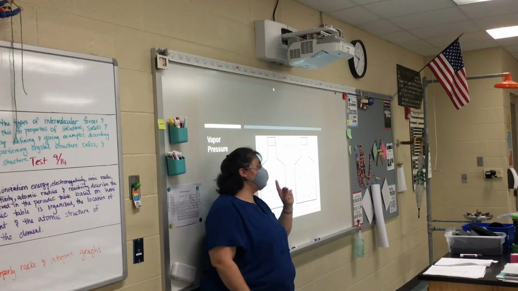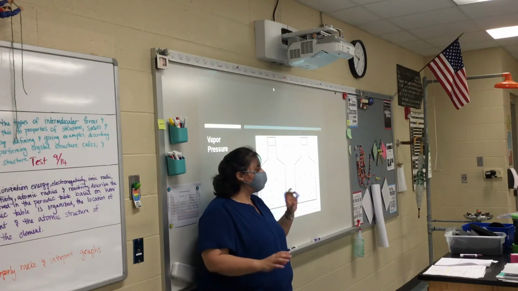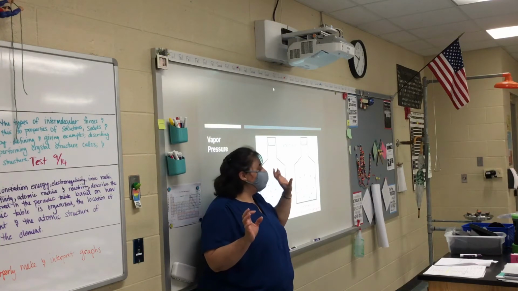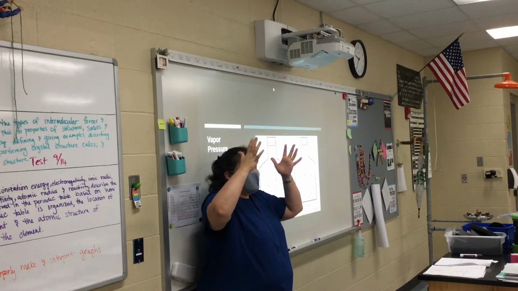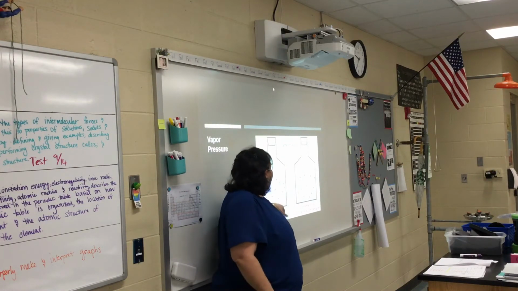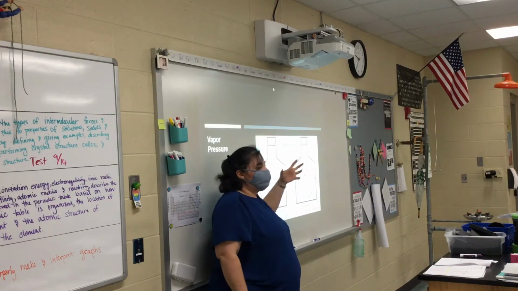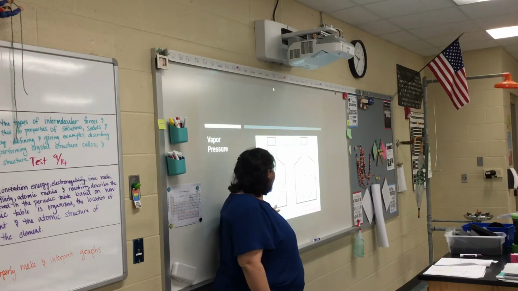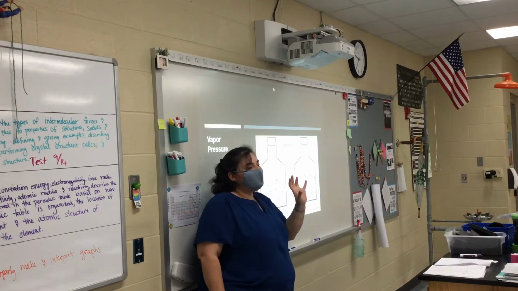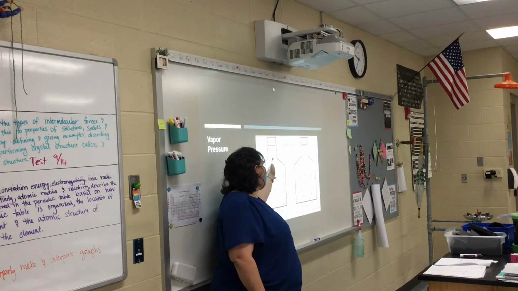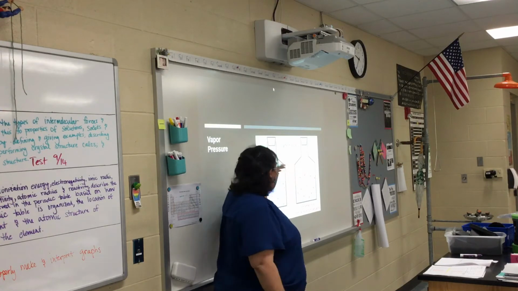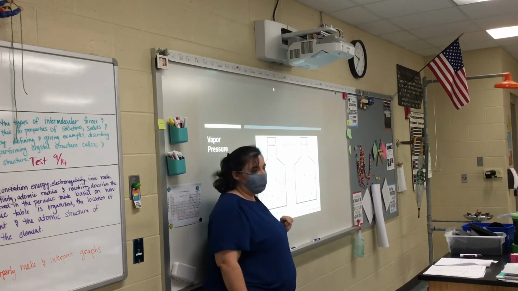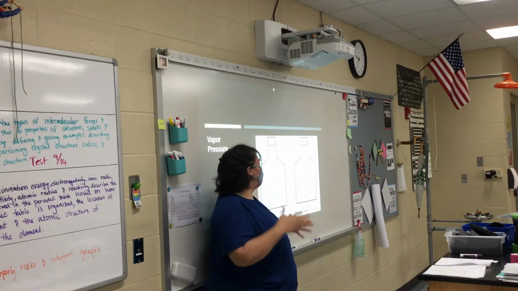Because temperature is the average kinetic energy of the particles, you're going to have some that have really low energy, some that have really high energy, and the majority of those water molecules are going to be in the middle. So the ones that have really high energy and can escape into the gas phase are going to do so. But some are going to come up here, collide with each other, transfer some of their energy, and it might cause them to come back into the liquid phase. And it's just going to be this constant back and forth.